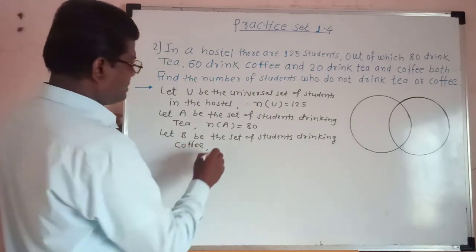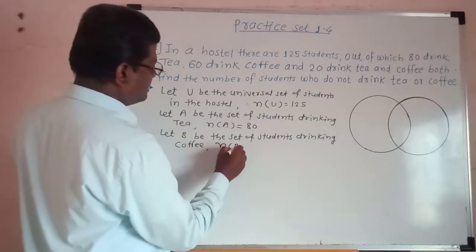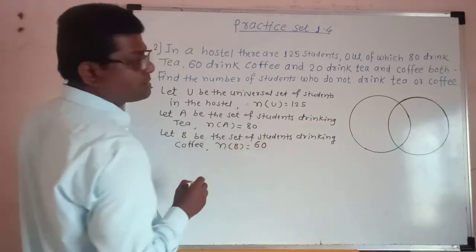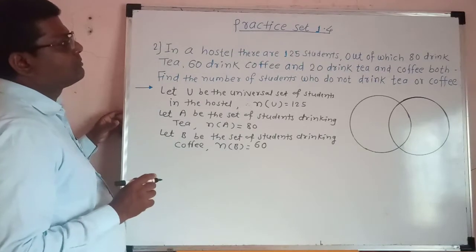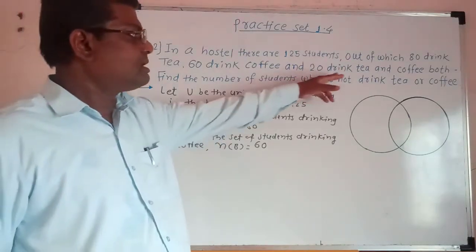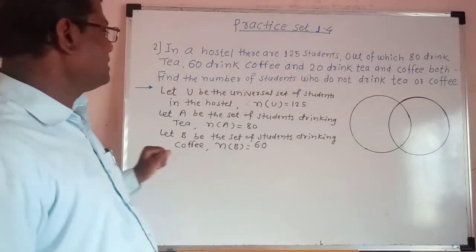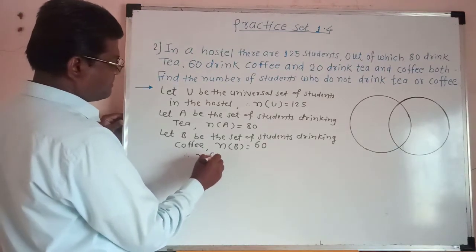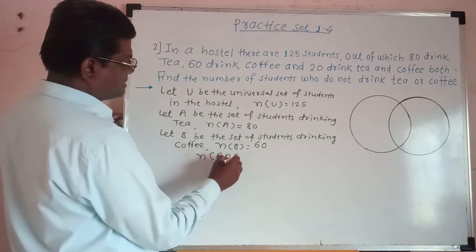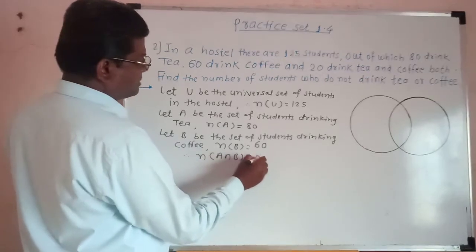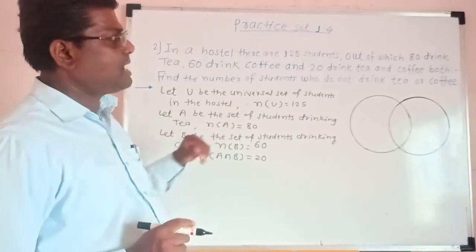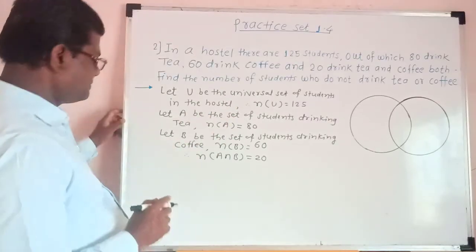Therefore, we write n of B is equal to 60. 60 students drink coffee and 20 drink tea and coffee both. That is, we have n of A intersection B is equal to 20. That is, 20 students drink tea and coffee both.